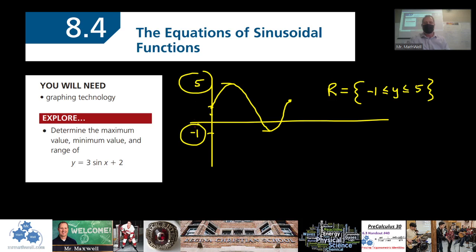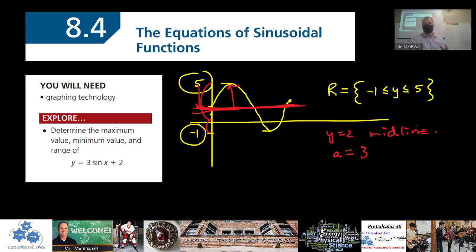Well, that's a total of 6 units. So if I go down 3 from 5, I've got the midline at y equals 2. That's where I started, y equals 2. So y equals 2 is the midline. And the amplitude then is what? Amplitude is 3.